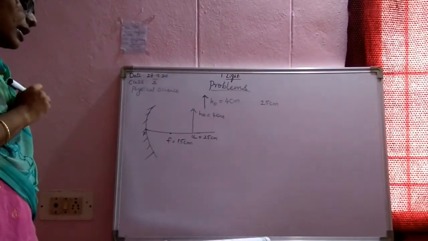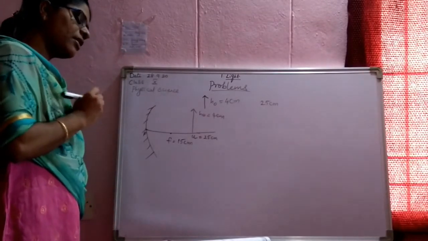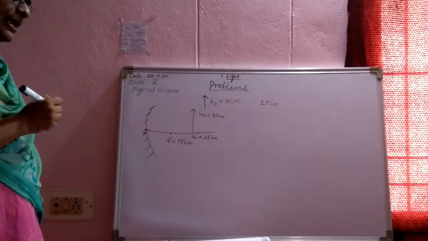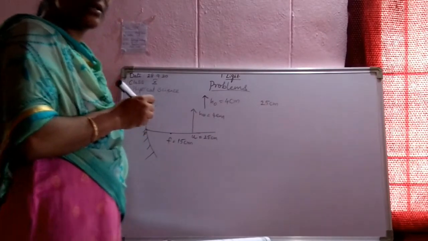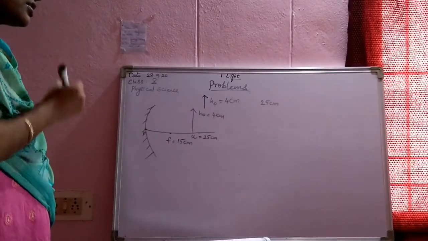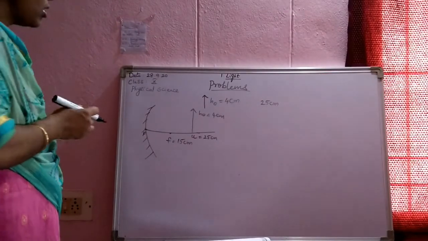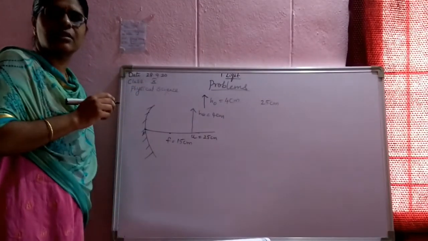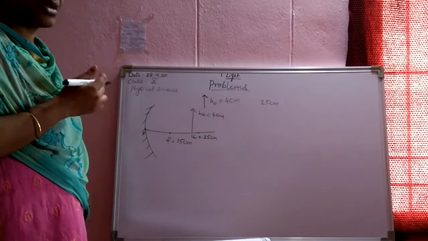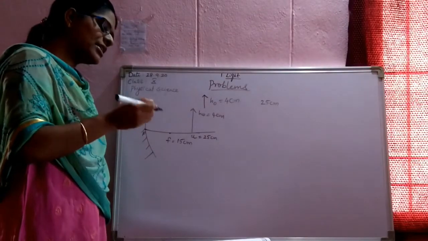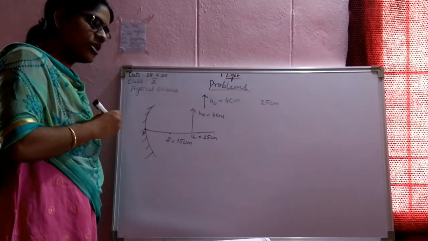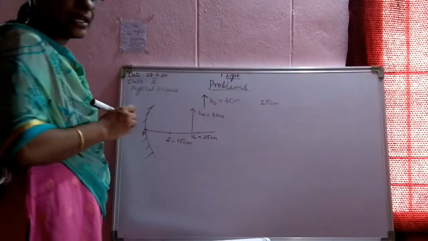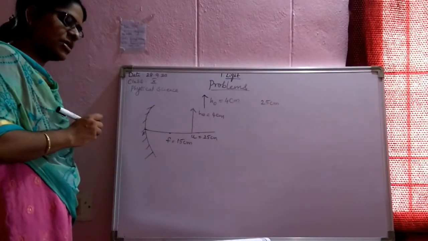centimeters. At what distance from the mirror should a screen be placed in order to obtain a sharp image?